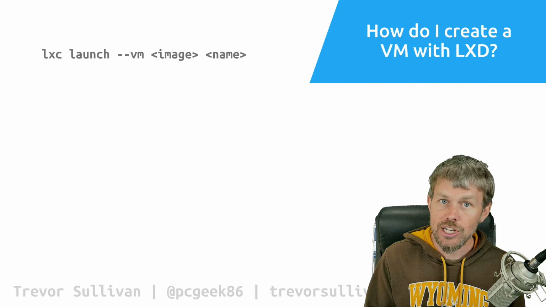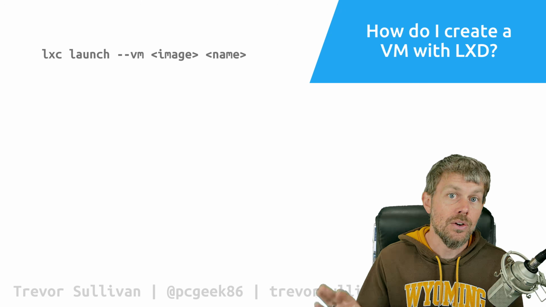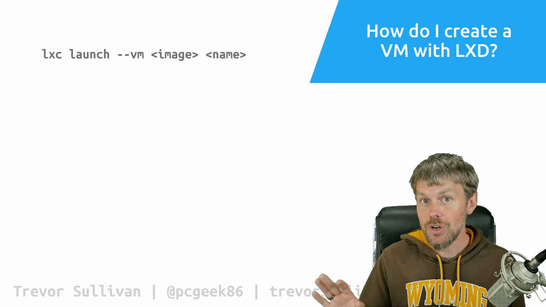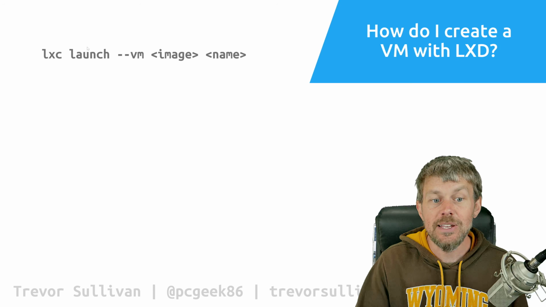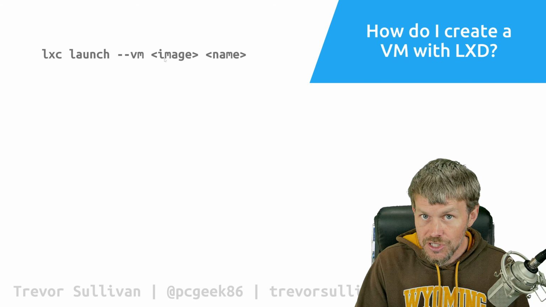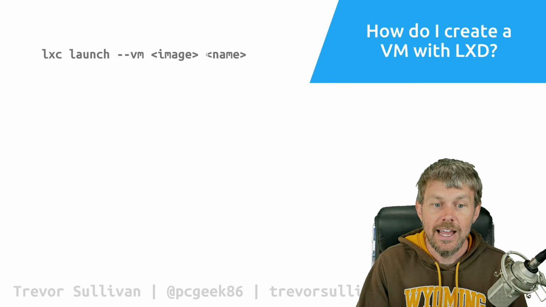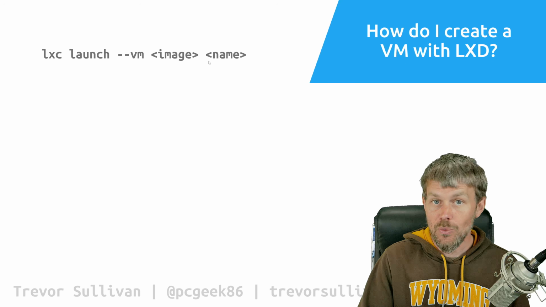So we need to do --vm to indicate to LXD that we do want a separate virtual machine with its own kernel and host operating system, right? Then we can specify an image from our image server that we want to use. We'll just use the default one for now. And then we're going to specify a unique name for the virtual machine that we want to create.